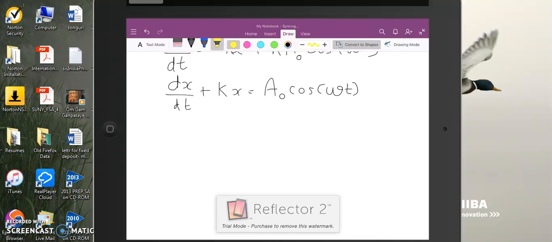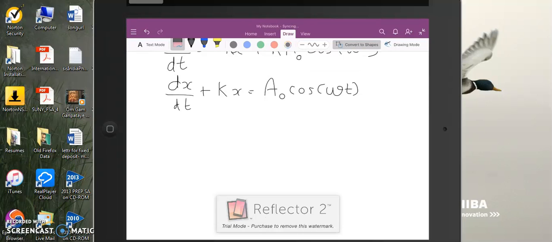So we know that a linear differential equation is in the form of dy over dx plus a constant times y is equal to another term which does not have a y. In this case, the y is x and x is t.